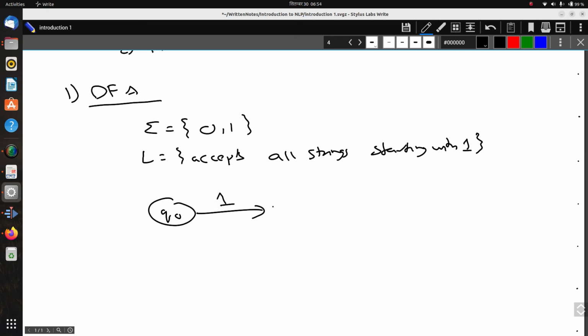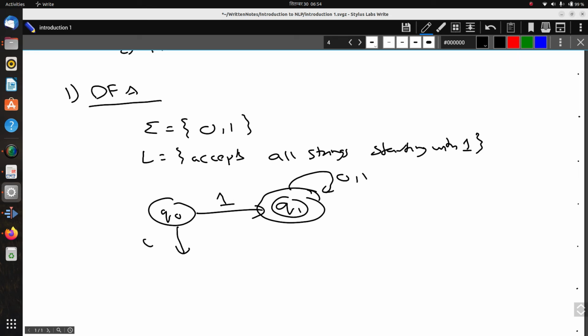If an input of 1 is given, then I go to my final state, and then any input that happens here we can just stay on Q1 because the string basically starts from 1, and then the Q1 is my accepted state.